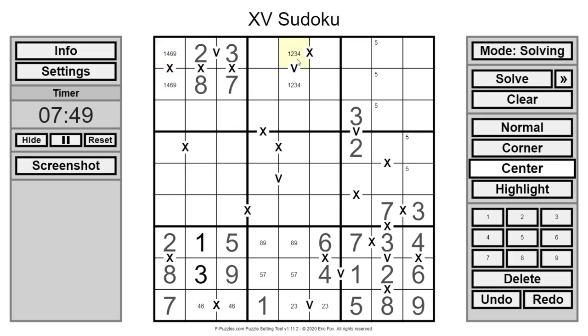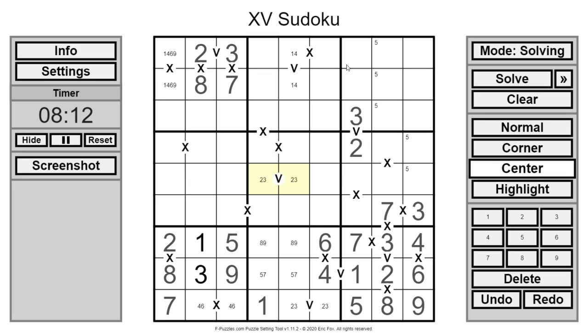3 and 2 are taken out from this possibility, so the same is true of this. 1 somewhere in here, 4 somewhere in here. This can't be 1 or 4, so this must be a 2, 3 in some order.